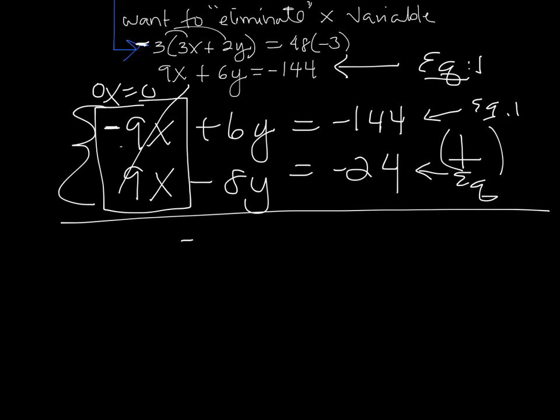Negative 6y minus 8y is negative 14y. Oh, too many mistakes. A negative times a positive is a negative, so that should be negative 14.